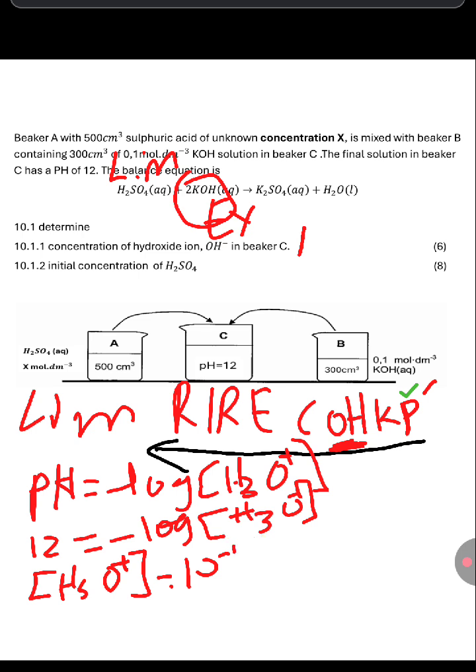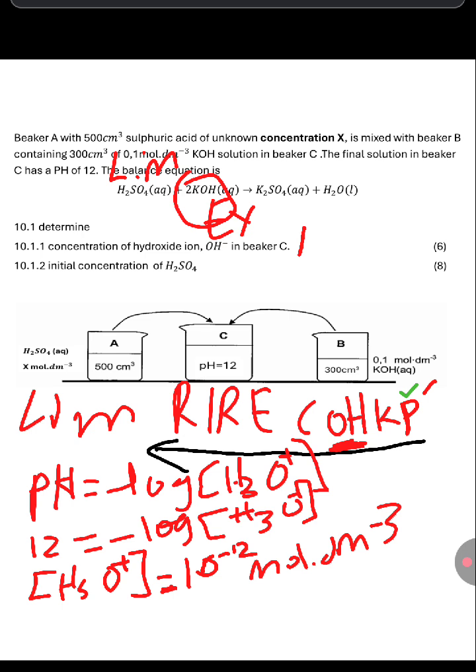That's 12. So it's 10 to the power negative 12 mole per cubic decimeter. Don't forget to write units because this is concentration. It means there are 12 zeros if you write it out, so I can't write all the 12 zeros. So I decide to leave it in scientific notation.